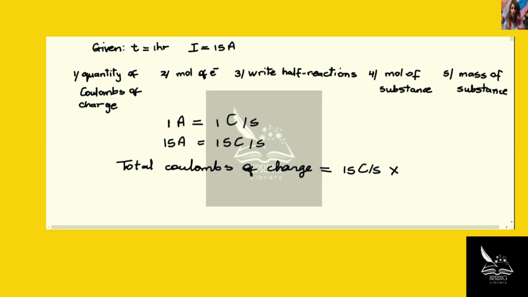Time is given as 1 hour. You need to convert hours to seconds. 1 hour is equal to 3600 seconds. So 15 times 3600 is 54,000 coulombs.